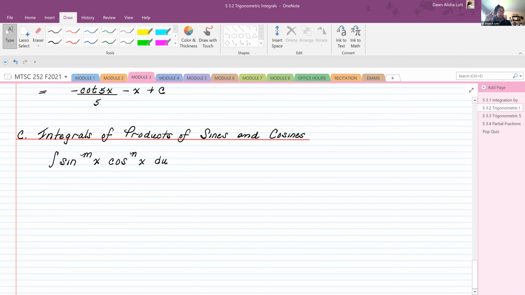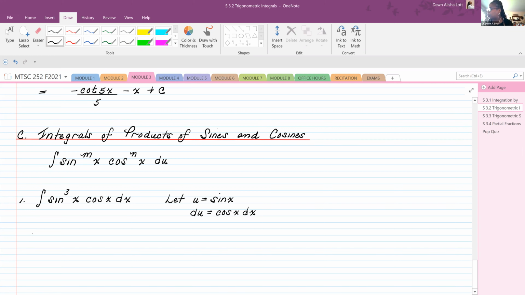So the first one I'm going to do is easy. If I want to do the integral of sine cubed of x cosine of x dx, this one is easy. The reason why it is easy is because if I let u equal the sine of x, its derivative du is sitting right next to it.